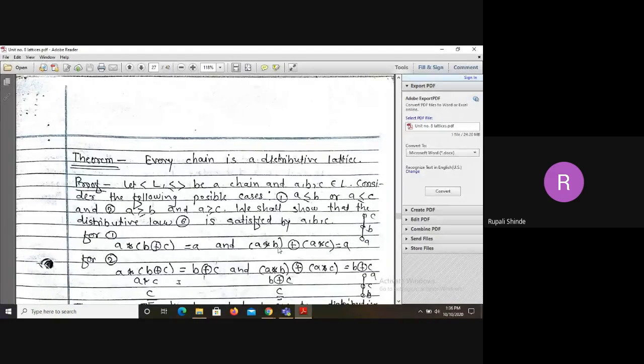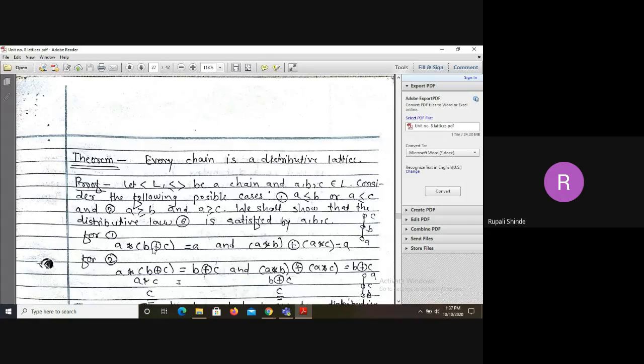Now we can take the distributive property as A star B XOR C. The value for B XOR C is what? Least upper bound of B and C. So what is the value for B XOR C? C, correct. And A star C is what? Greatest lower bound of A and C. A, correct. So the value we got for LHS is A.